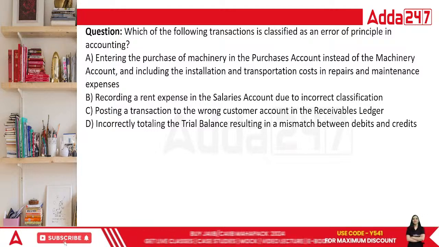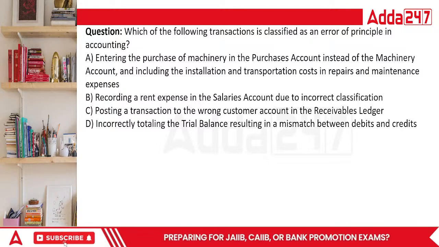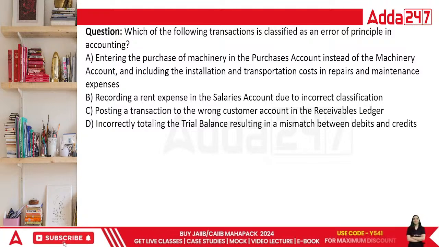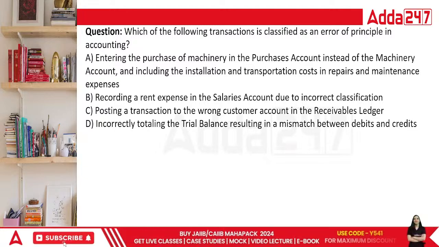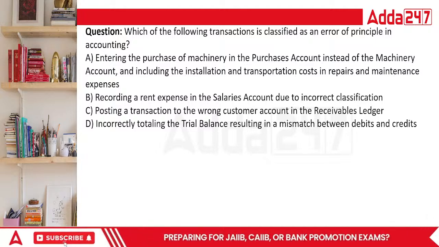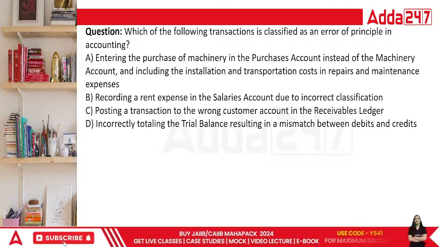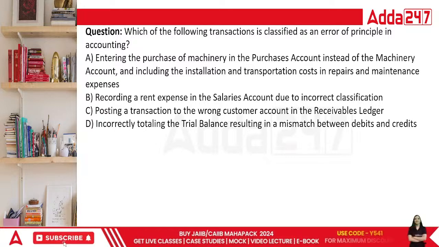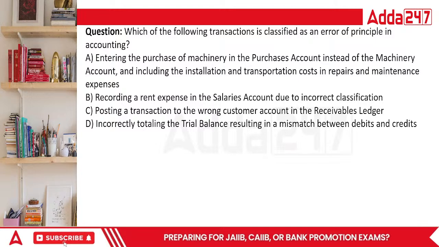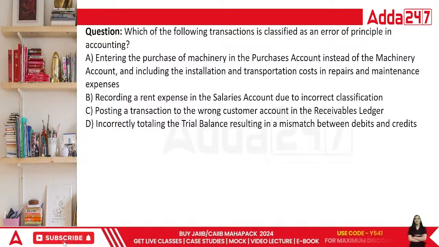Earning the purchase of machinery, the purchase is booked in the purchase account instead of the machinery account. Everybody, when we talk about the specific area of error of principle, we are looking towards the particular assets.